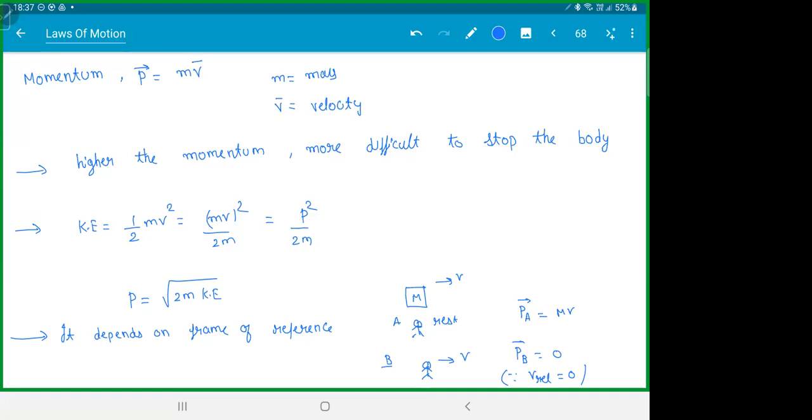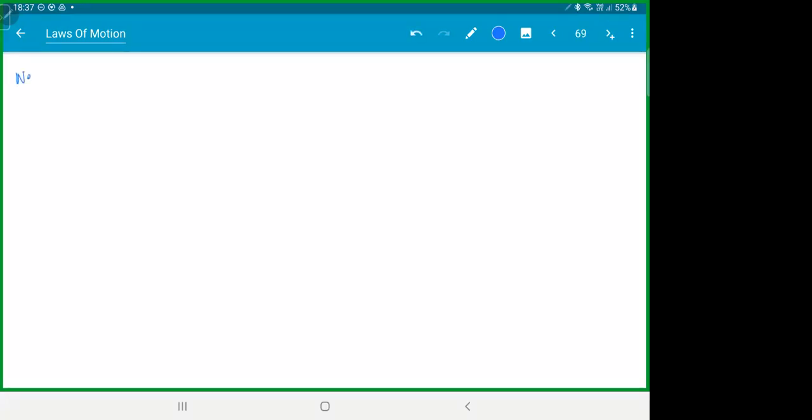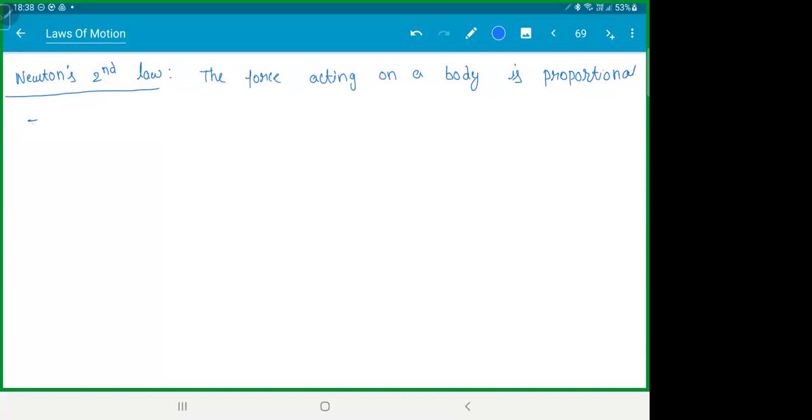Next one, Newton's second law. The force acting on a body is proportional to rate of change of momentum of the body.